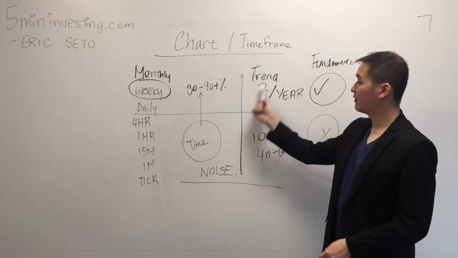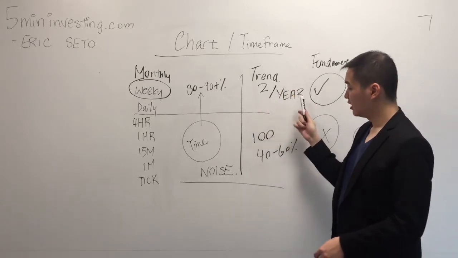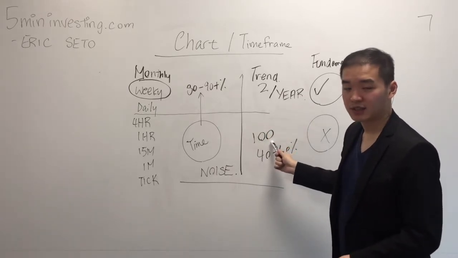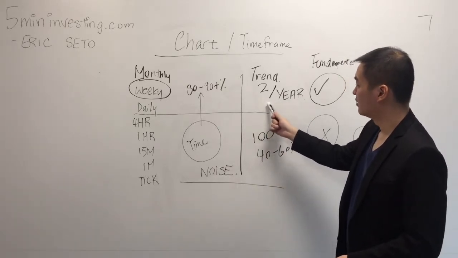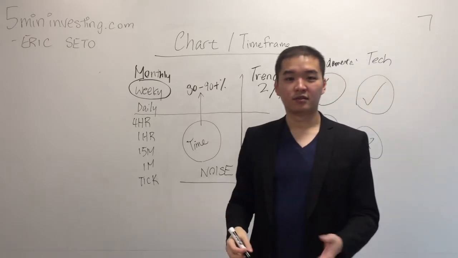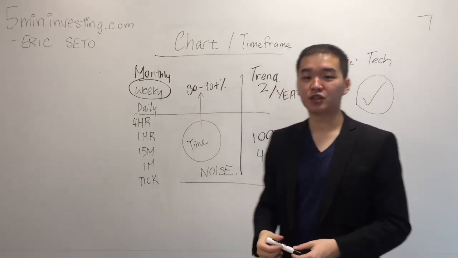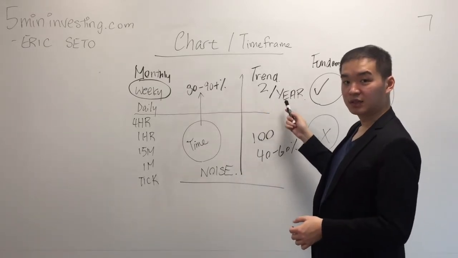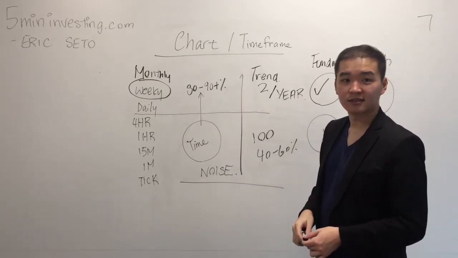And I actually have a very low transaction cost because I only trade twice a year versus 100 times a year. And the broker, I use TD, doesn't matter as much to me because I only trade twice a year.